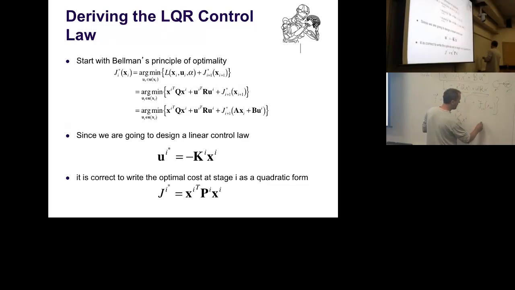So that means this term here, u i transpose R u i, is going to become x i transpose K i transpose R K i x i. I'm just plugging this in here for you.